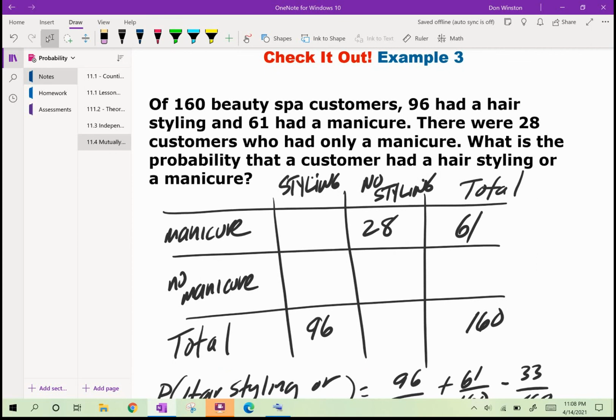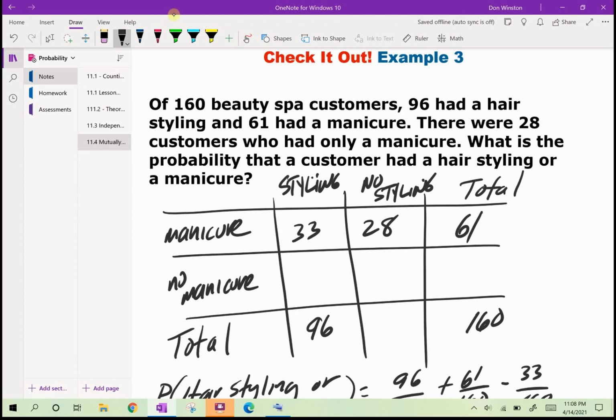There was a total of 61 that had a manicure, and only 28 had just a manicure. So that means 61 minus 28, 33 also had a manicure and styling.